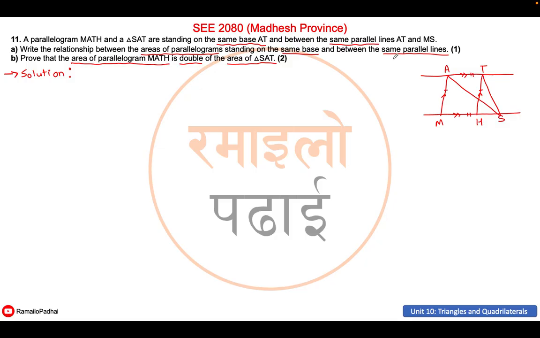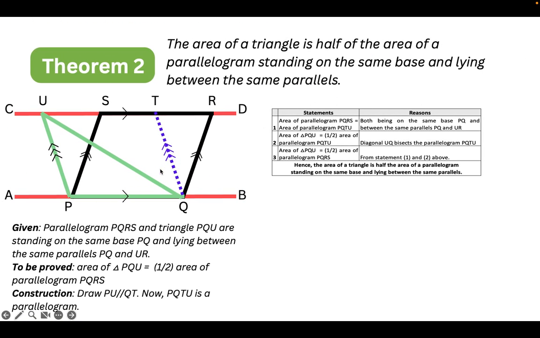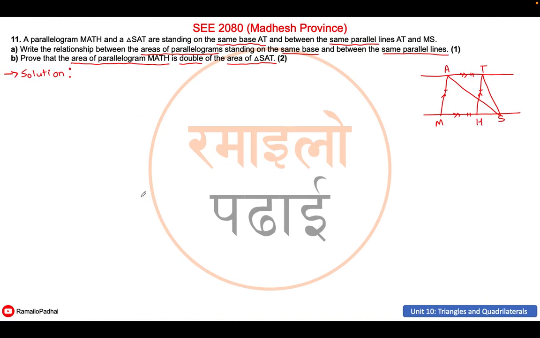They are on the same base AT, and between same parallel lines AT and MS. You have learned in theorem 2 that the base is on the bottom, but here let's flip this figure horizontally, so the base will be on the upper side. Here AT is on the upper side.